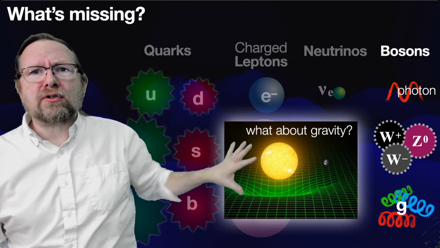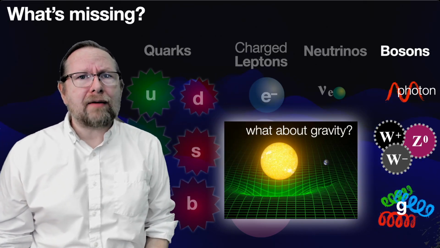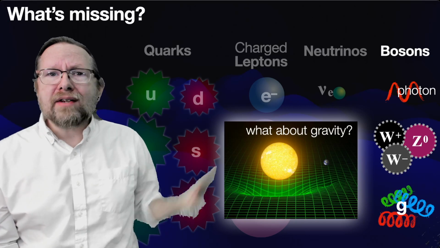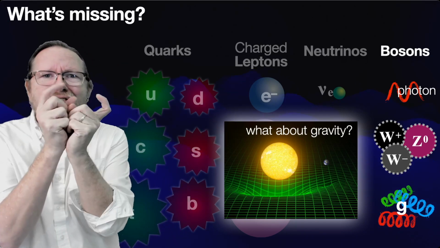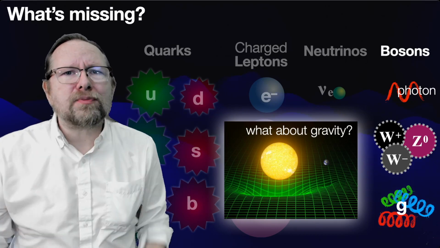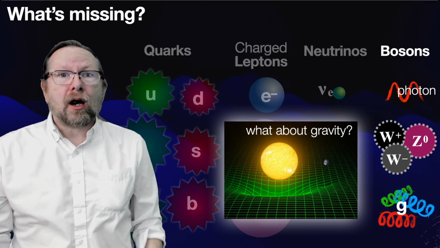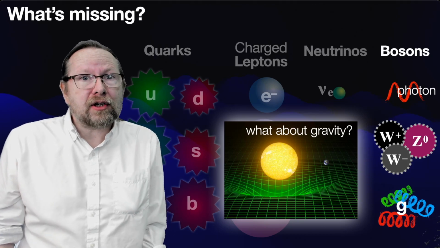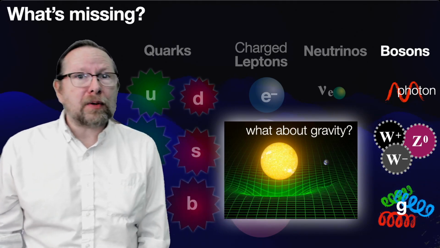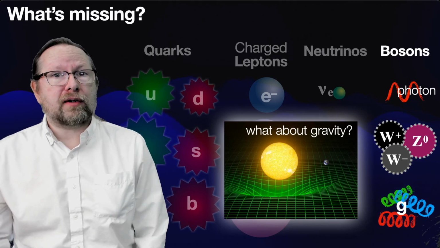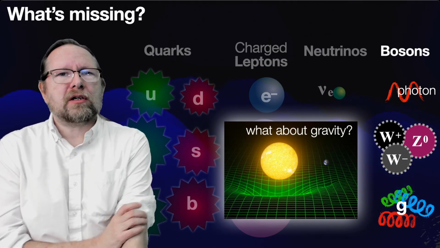All of these particles have mass and they all feel gravity. Why isn't it in the standard model? Because we already have a theory of gravity, and it has nothing to do with little particles being exchanged between things. Our theory of gravity is Einstein's theory of general relativity, which says that what causes gravity is the geometry of space-time, the curvature of space. We've talked about this when we talked about black holes.